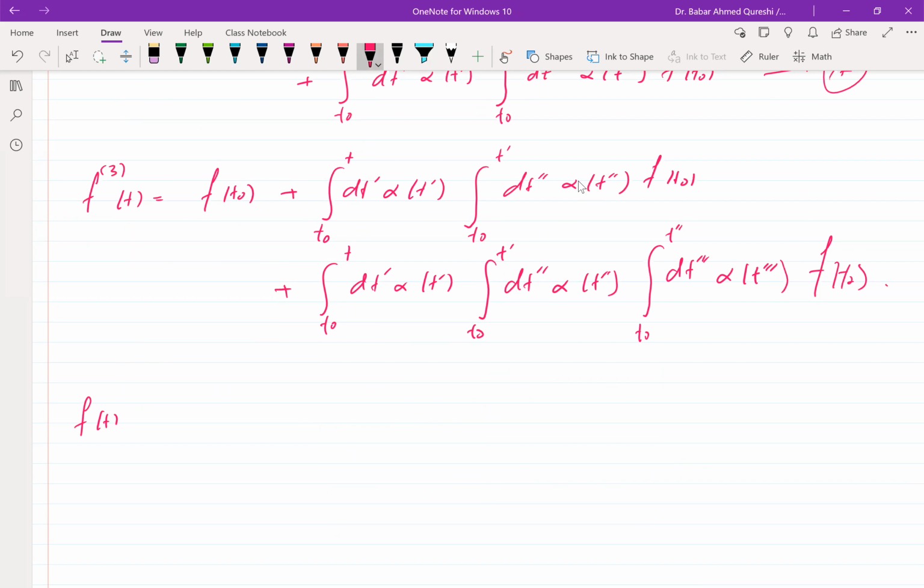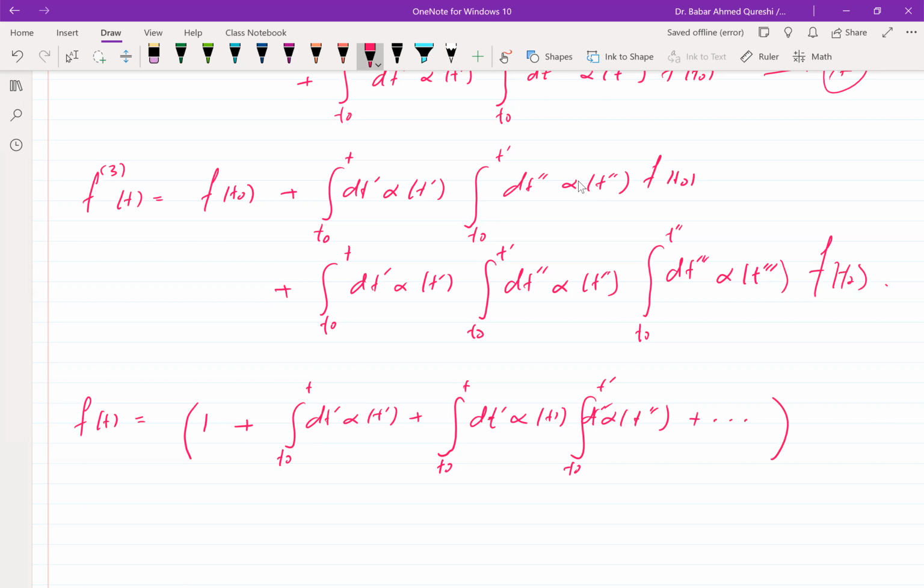So I can keep doing it. I'll get an infinite series which looks like this. You just keep on increasing the nested integrals, alpha of t double dash, and so on, and outside you have f of t naught.